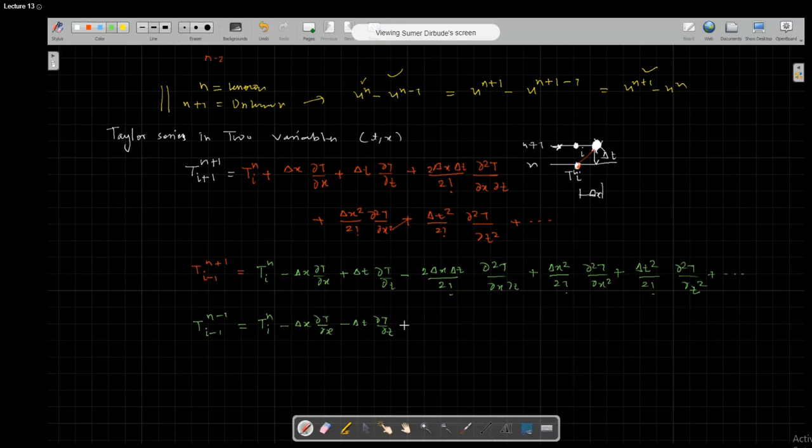And then now both are minus minus, so minus minus gives plus plus 2 delta x delta t by 2 factorial, del 2T by del x del t. Now here plus only, isn't it? Okay.